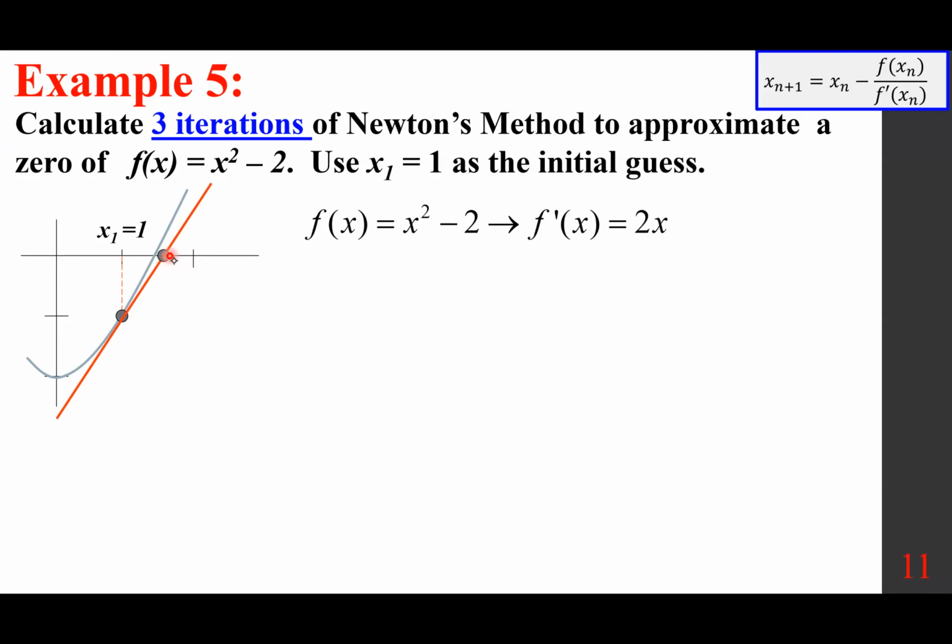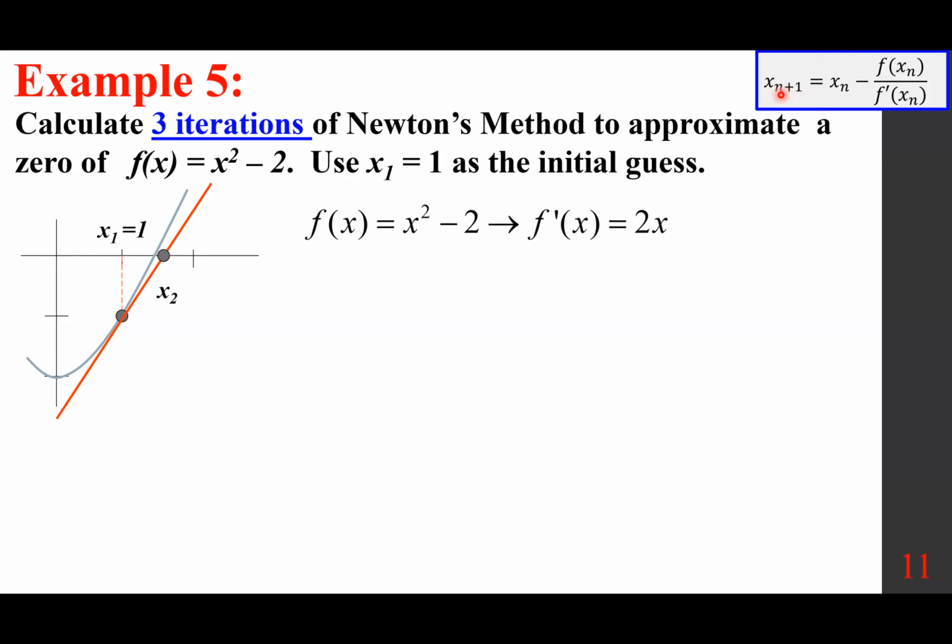This point is x sub 2. So I hope everybody can see how we arrived at x sub 2. Now we are going to calculate the value of x sub 2 using, in essence, the tangent line, okay? Which is the synopsis of the tangent line giving rise to Newton's method.